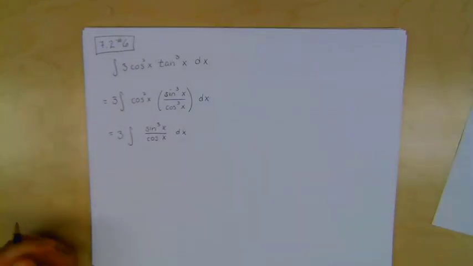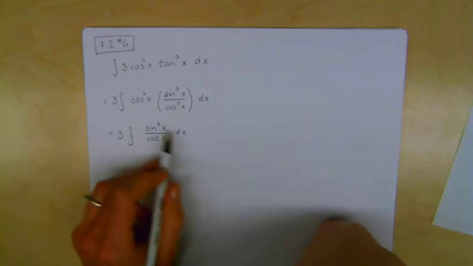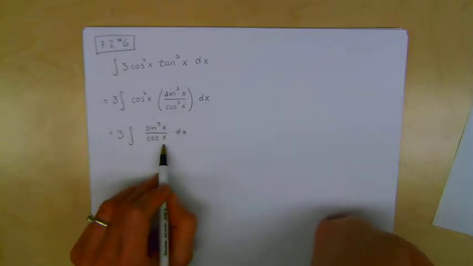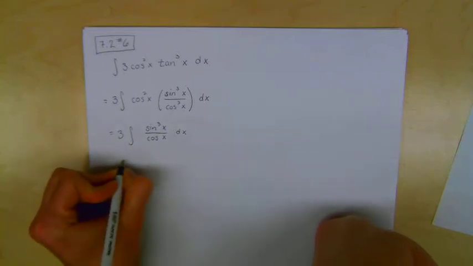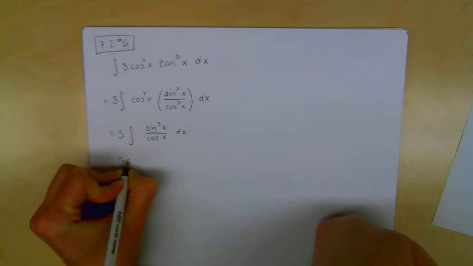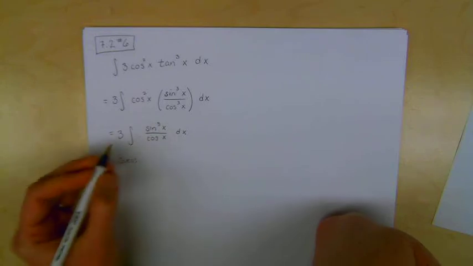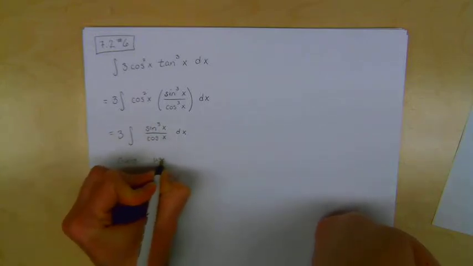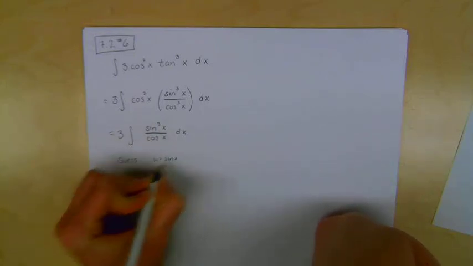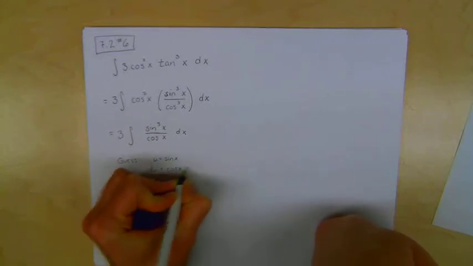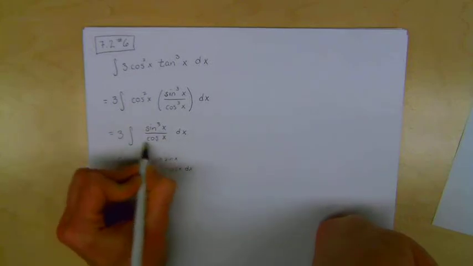And now that I'm just in terms of sines and cosines, it's something that's easier to look at. Off the top of your head, maybe I'll write this out as scratch work. It would be really nice if my u were equal to sine, because then my du would be equal to cosine of x dx, and I have a cosine of x right here.